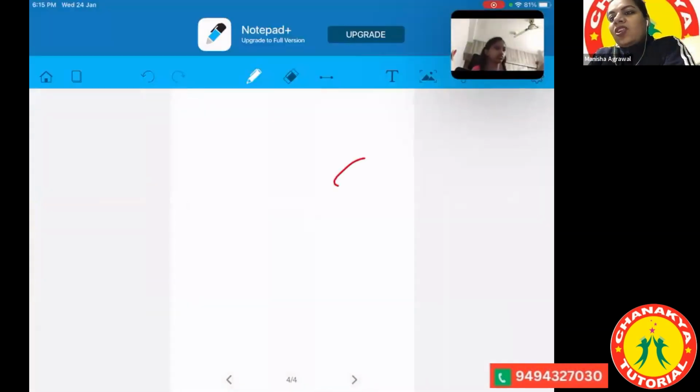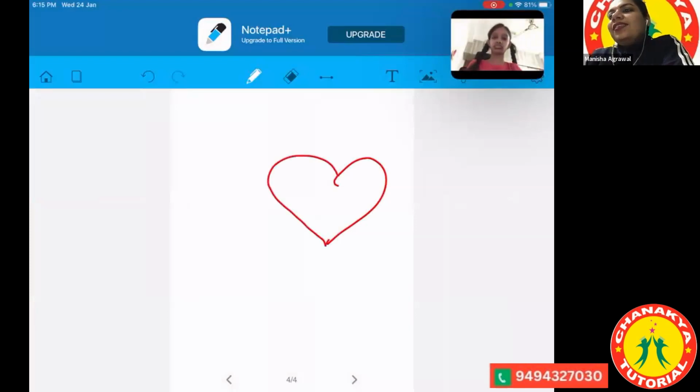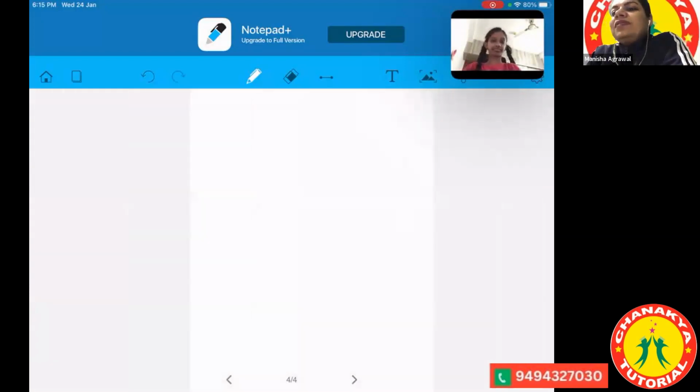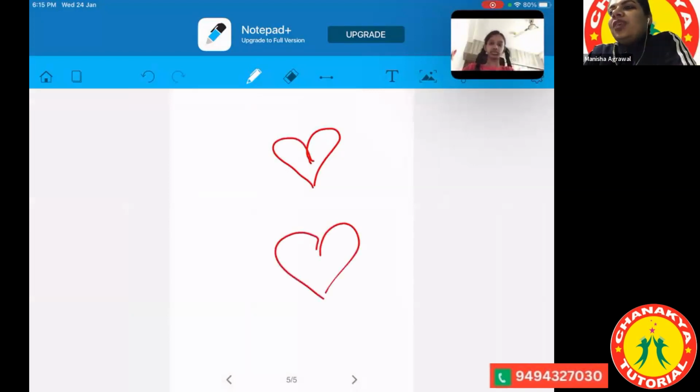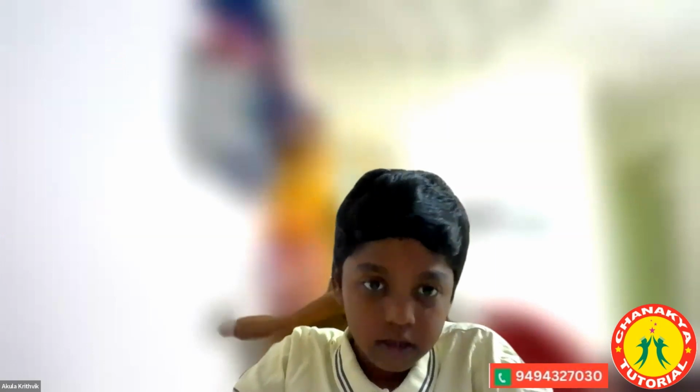Is there any reason? Like you might have seen, if anyone is drawing a heart, they draw it with a heart shape like this. What is the logic behind it? Or is it simply easy for us to draw, and that's the reason we draw it like that? Ma'am, because the human heart is a bit heart-shaped, like that. A cone shape.